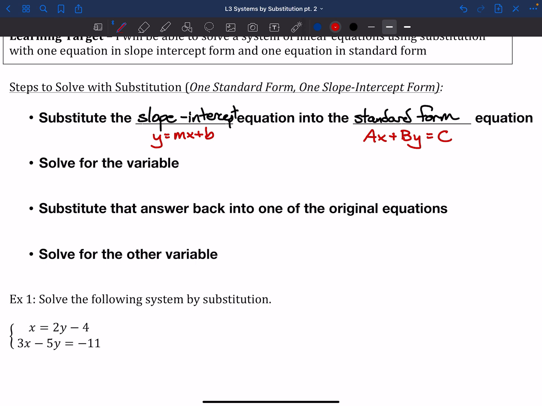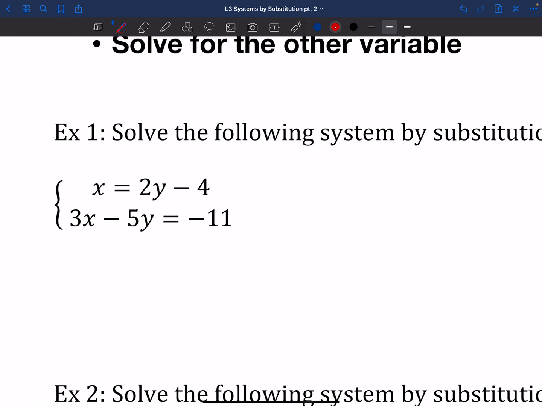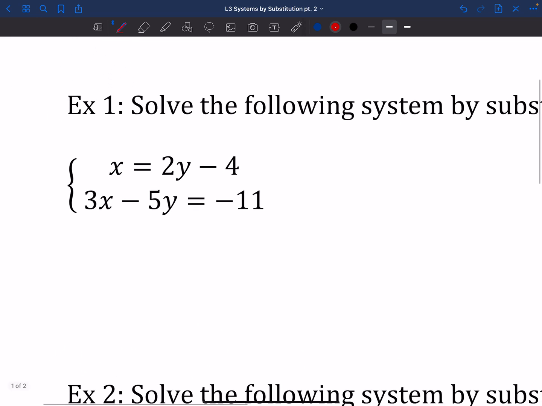So let's just jump right in. I think reading the steps is kind of confusing, but when we see it, it might be a little bit easier. This top one looks sort of like y equals mx plus b. It's not entirely the same because the x and y are swapped, but that's okay.